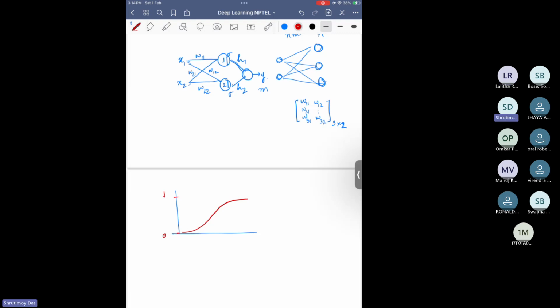Suppose this is the perceptron we get for this quantity based on some w and x. So our perceptron is basically sigma of w transpose x. This w is a parameter, and depending on w we have something like this.